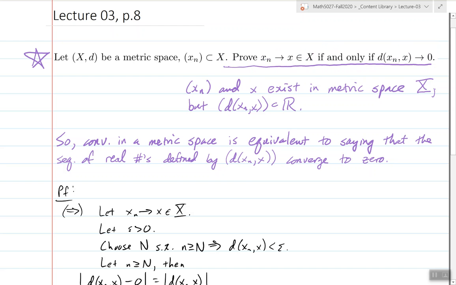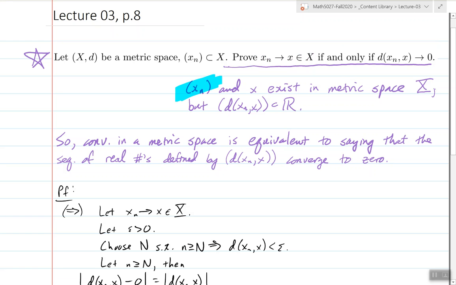Now, the way to think about that is the sequence xn and the point x, these are points in a metric space. As soon as you take the distance from xn to x, for each n, you're constructing a sequence of real numbers, non-negative real numbers. Really make sure you understand this statement: the sequence xn and the sequence of distances from xn to x are different sequences.